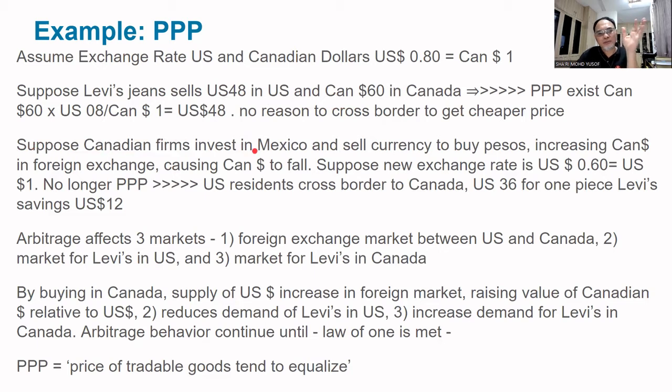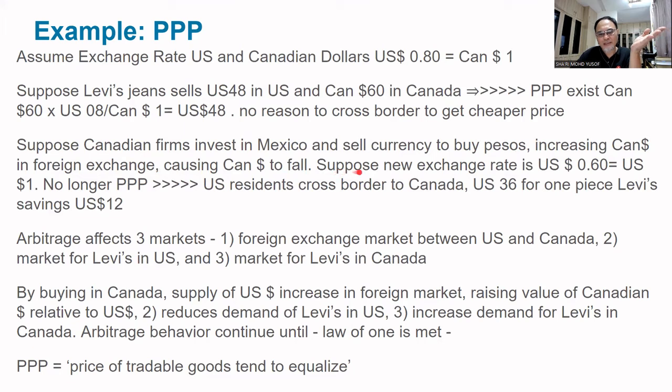Now, suppose something happens. Suppose Canadian firms invest in Mexico and sell currency to buy pesos, which increases the supply of Canadian dollars in foreign exchange, causing the Canadian dollar to fall in value.